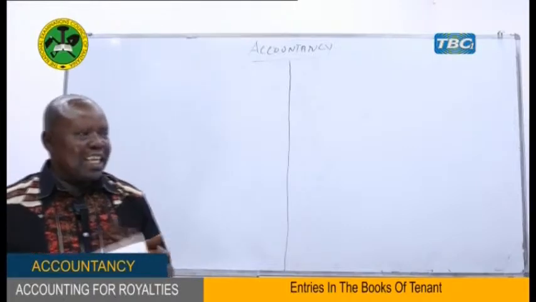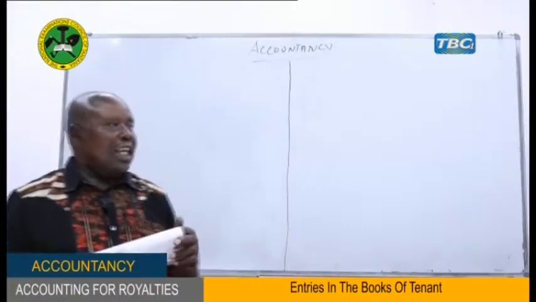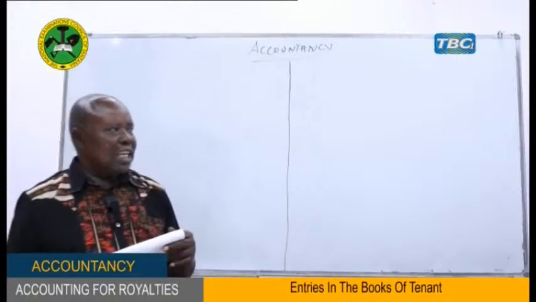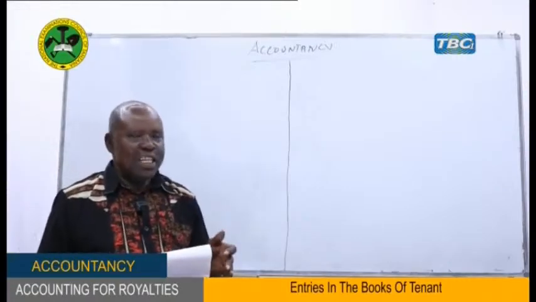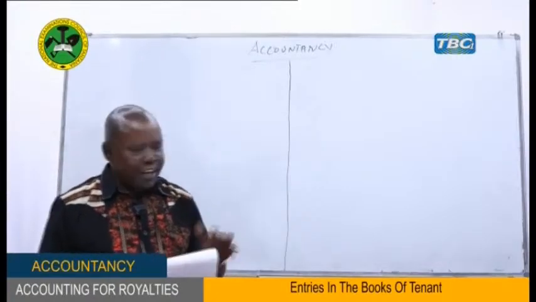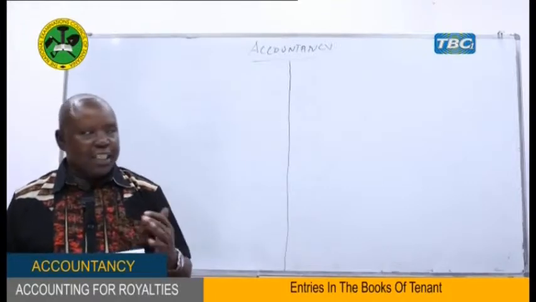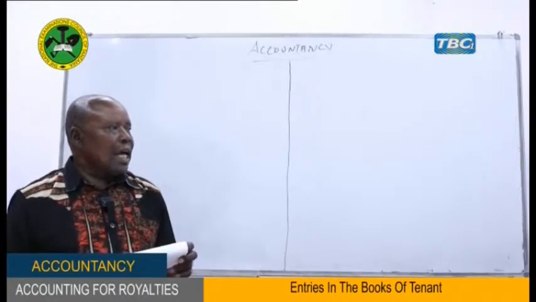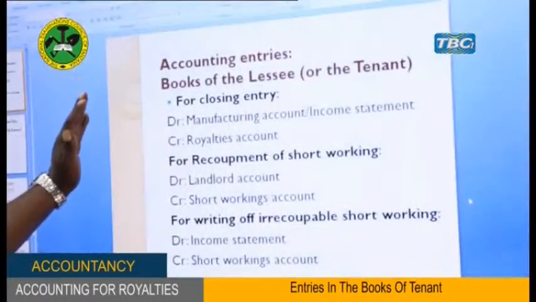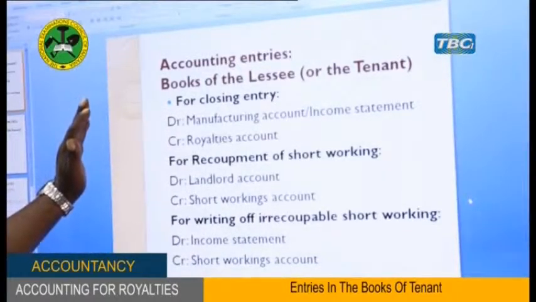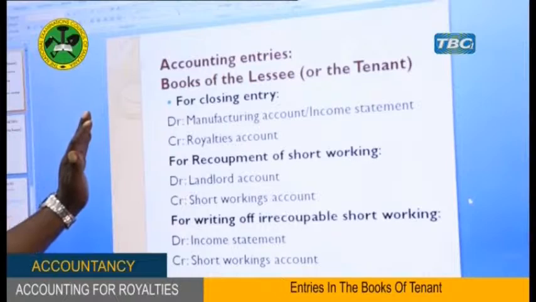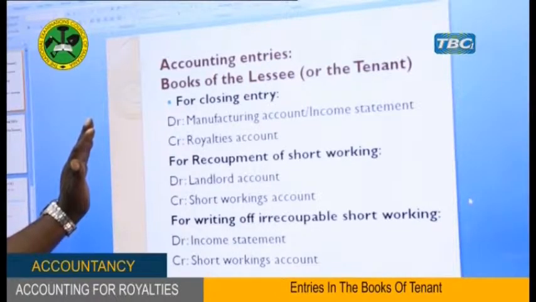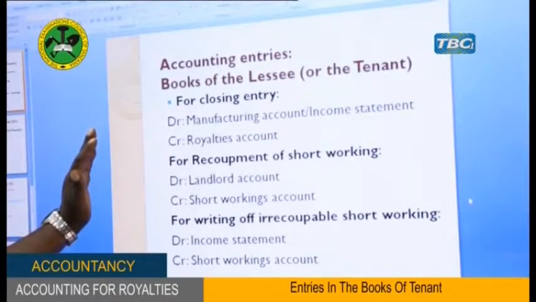Now, if there is an excess in the actual royalties, we will debit landlord account and credit short workings account. That is recoverable. Now, if we fail to recoup, we are going to write off that amount, and it will go to income statement.